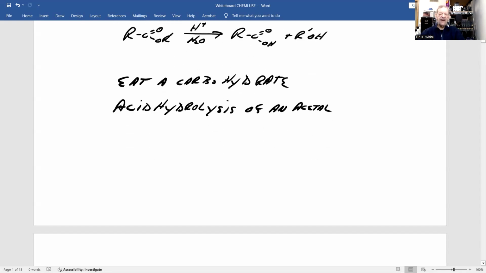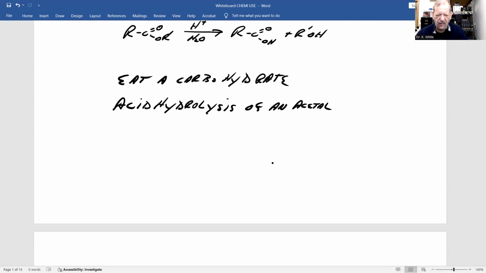And the general reaction for acid hydrolysis of an acetal or ketal that you learned for test 2: this is our acetal, where R prime is H. If it's carbons, it's a ketal, but same thing.